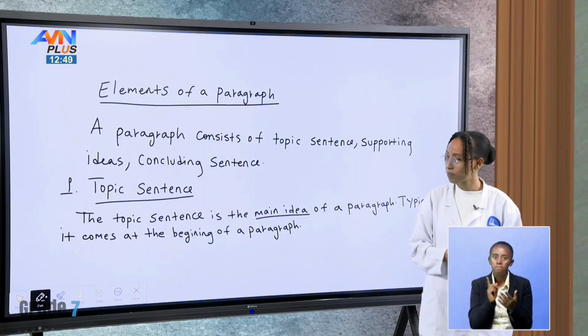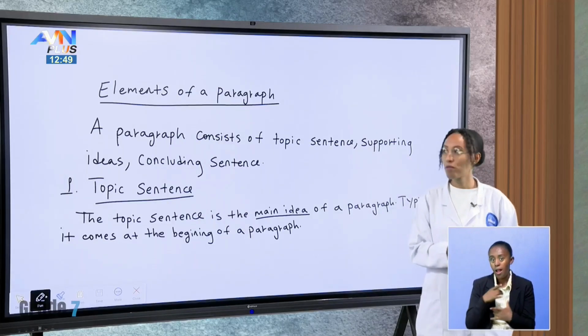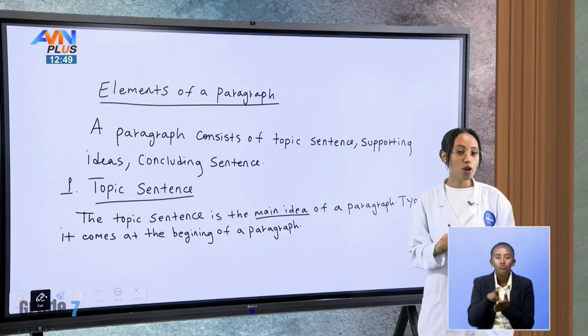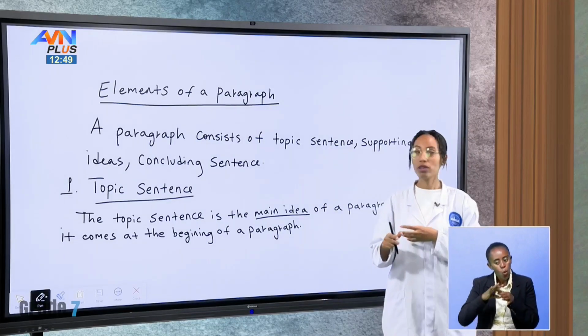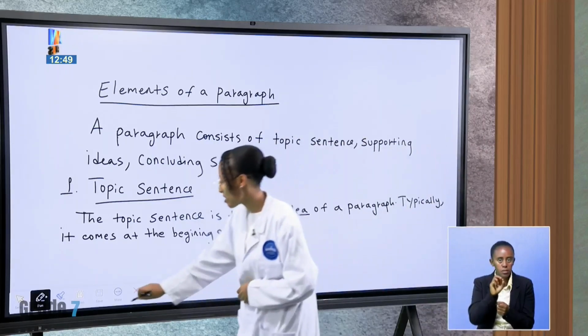So the second element of a paragraph, the second thing that a paragraph should include for it to be unified, coherent, and well-developed, is the supporting idea or supporting sentence.